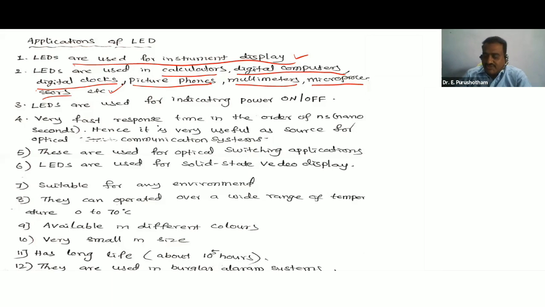LEDs are also used as power on-off buttons. Third one, on-off buttons. So LEDs are used for indicating power on-off. Fourth one, the LED gives a fast response with respect to time, so these LEDs are used in optical communication systems.